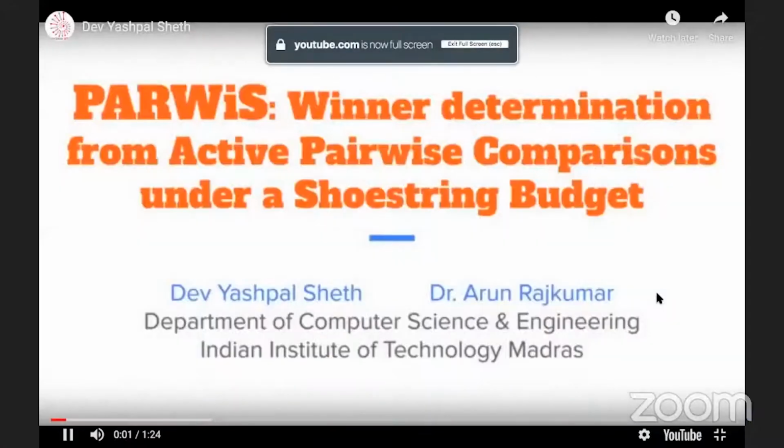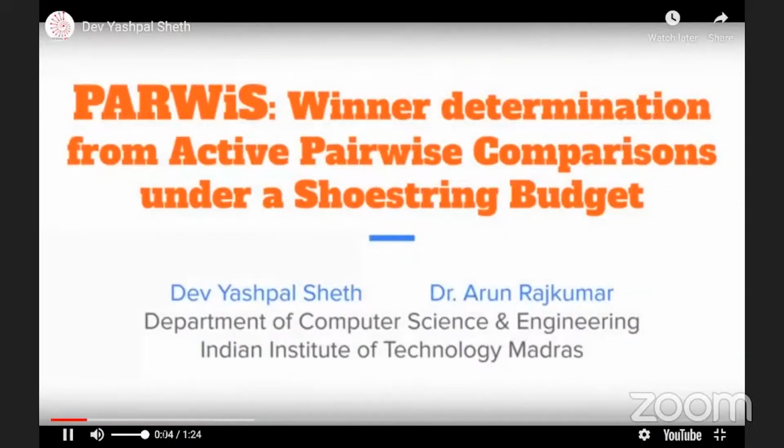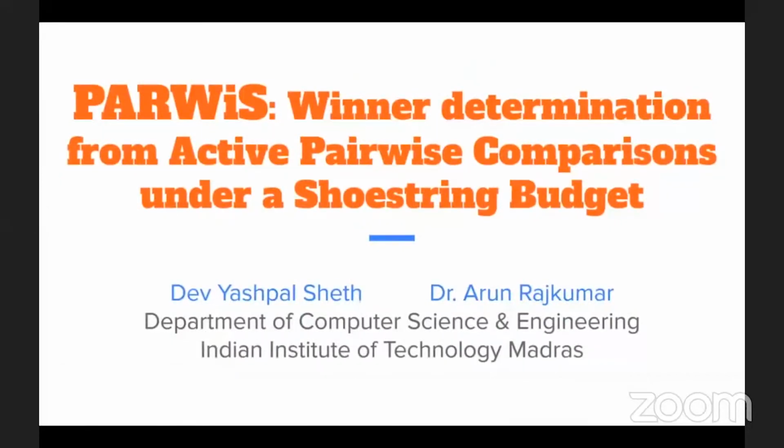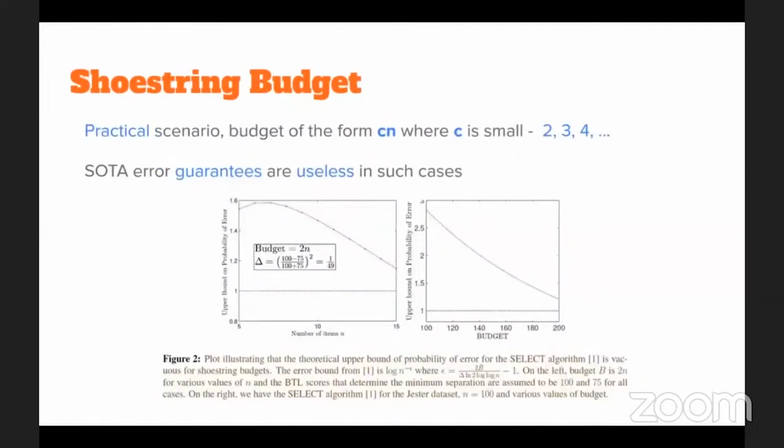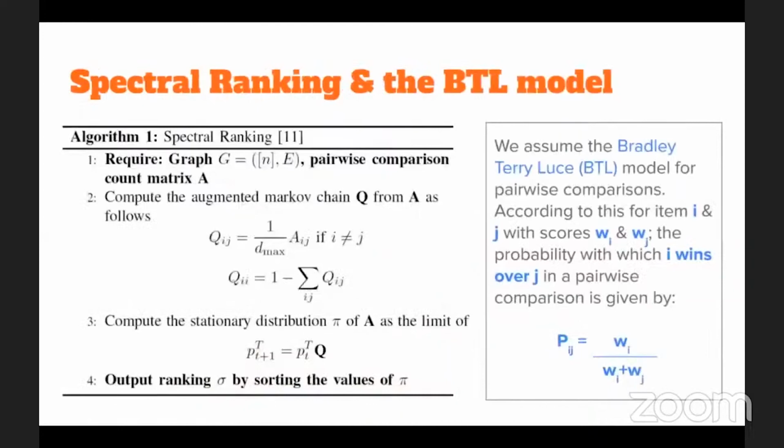Hey everyone, I'm Dev, and I'm here to talk about this algorithm. We use pairwise comparisons because they are much simpler than giving a complete ranking, and they are much more accurate than individual ratings. We consider the shoestring budget because it is much more practical. The budget is typically cN, where c is a small constant, say 2, 3, 4, and N is the number of items. We use a popular spectral ranking algorithm.